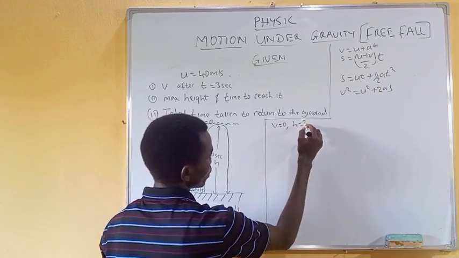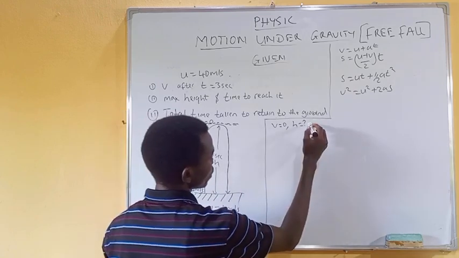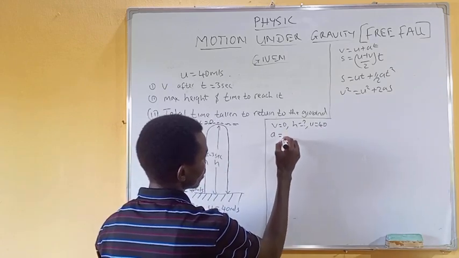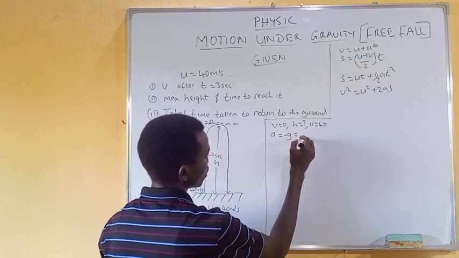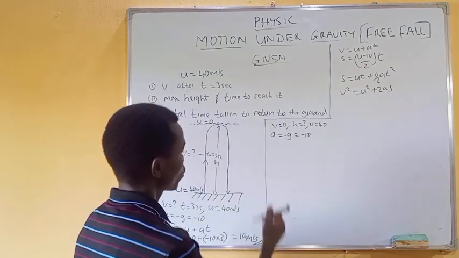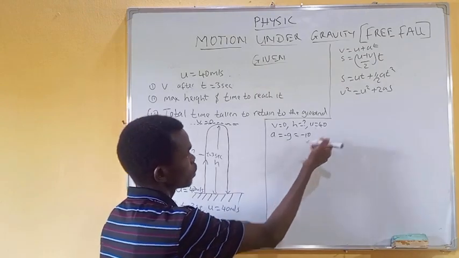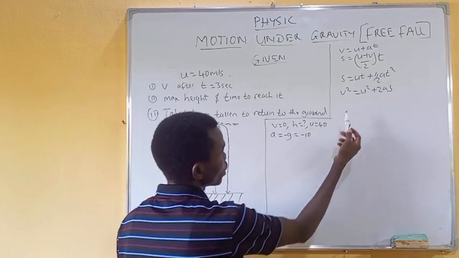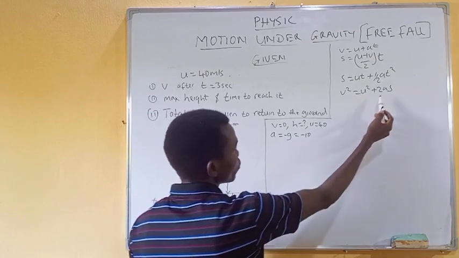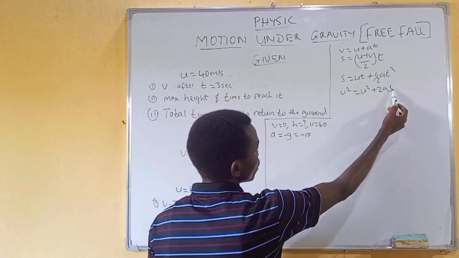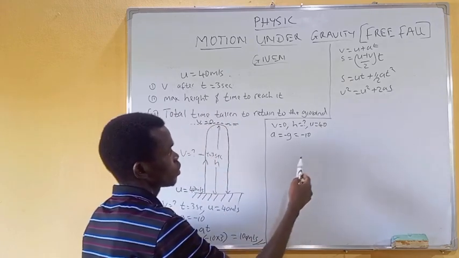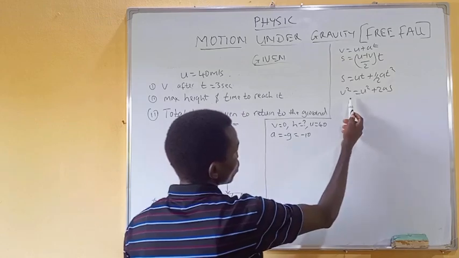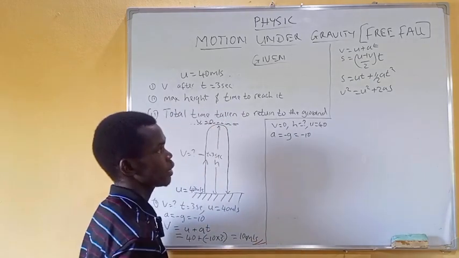We are looking for the height. We have initial velocity equals to 40. We have acceleration equals to negative g, which is minus 10. If you compare these parameters with the equations, we see that we have V, we have the initial velocity, we have acceleration, and we are looking for S, which is the height. Since we don't have time, we cannot use the other equation. So we use this equation to calculate for height.